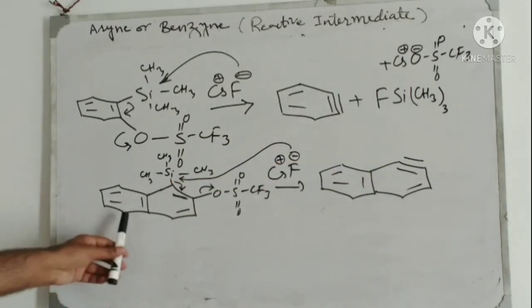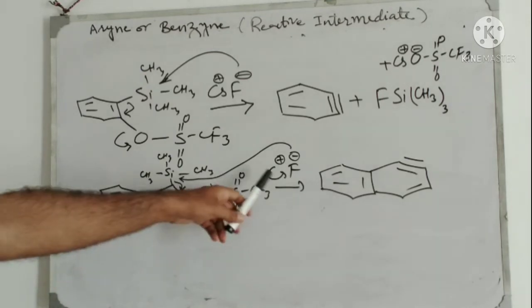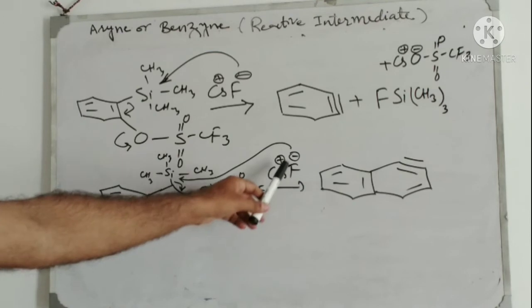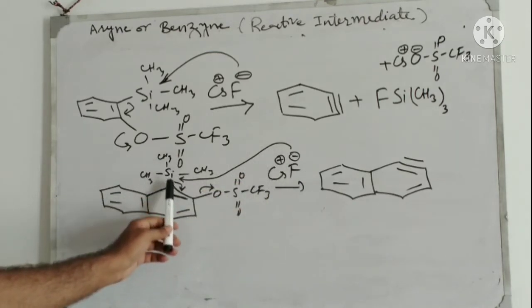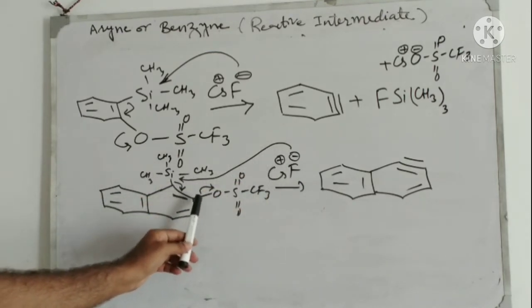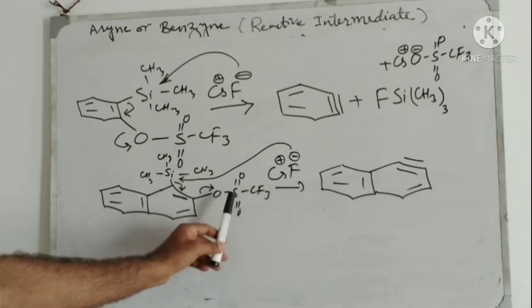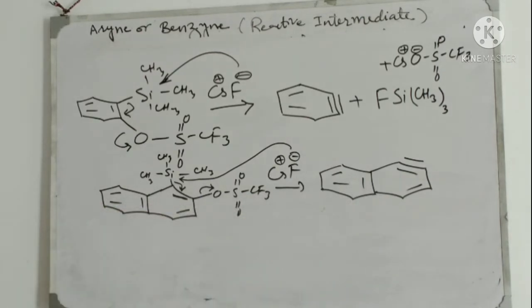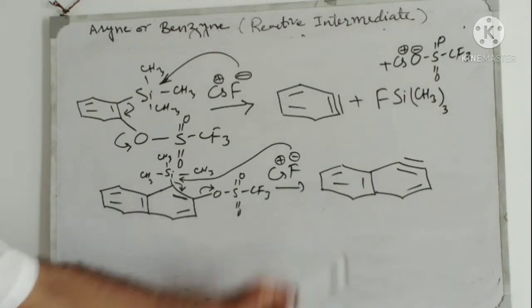So this is another way. This is again the same cesium fluoride. It attacks this trimethylsilyl, the two electrons shift here, and then this trifluoromethyl sulfonyl is eliminated to generate this 1,2-naphthalene aryne.